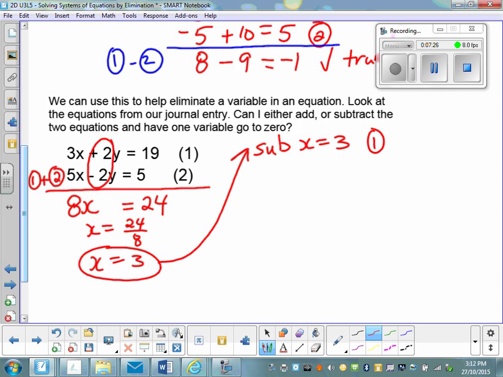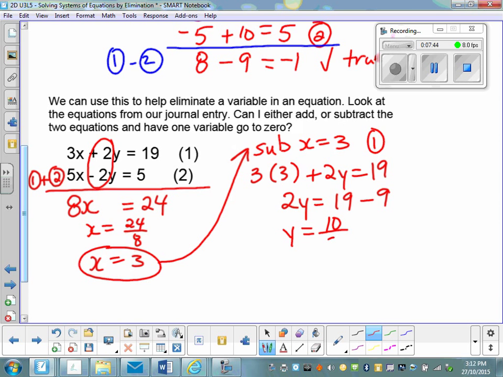At the beginning there, I'm going to sub it into 1. So 3 times 3 plus 2y equals 19. I'll take the 3 times 3, which is going to be 9, take that to the other side and subtract it. So y equals 10 divided by 2. Y equals 5. So therefore, the point of intersection is 3, 5.